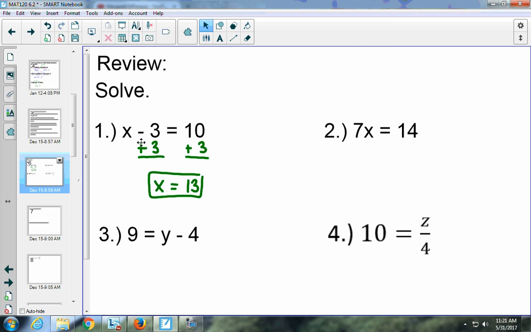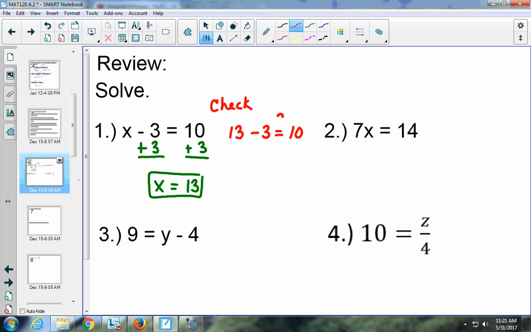If I want to check my work, I check by plugging my answer back into the original equation. So instead of x, I write 13 and then copy down everything else. And I'm checking if it's right, so I put a little question mark over the equal sign. Then I simplify each side.